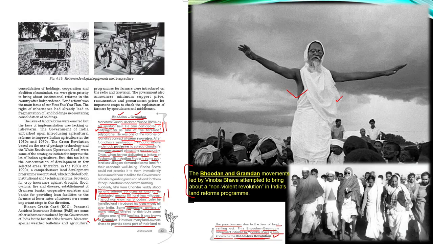So they started gifting a piece or a patch of land to the landless farmer, and this act was known as Bloodless Revolution. So from here you get a question that: explain Bloodless Revolution or what was Bhudan and Gramdan.